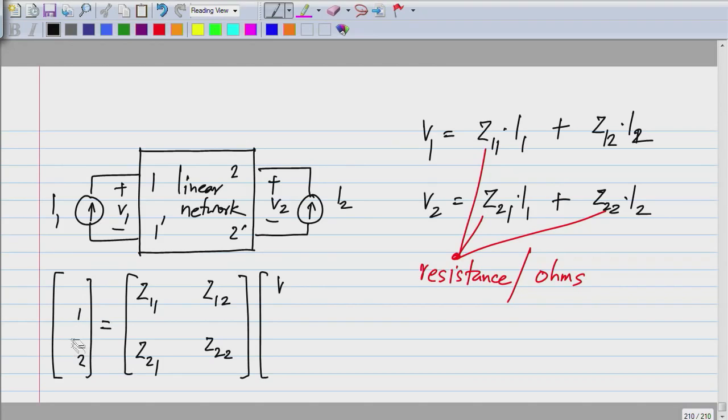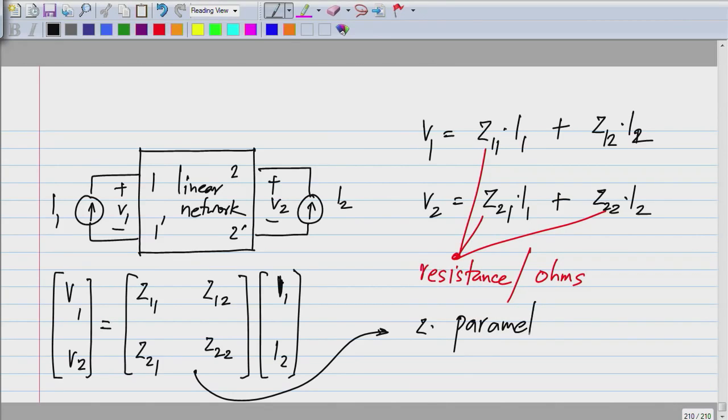I have to write V1, V2 as a function of I1, I2, and these are known as Z parameters.